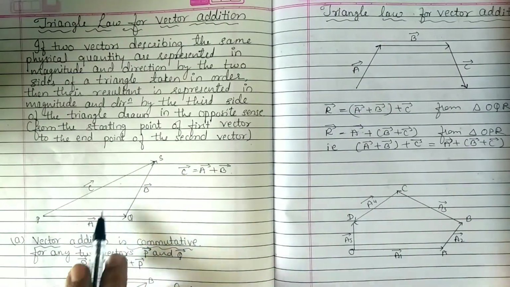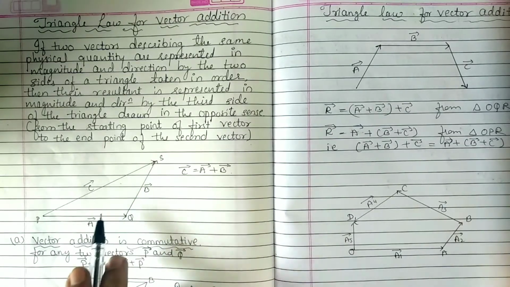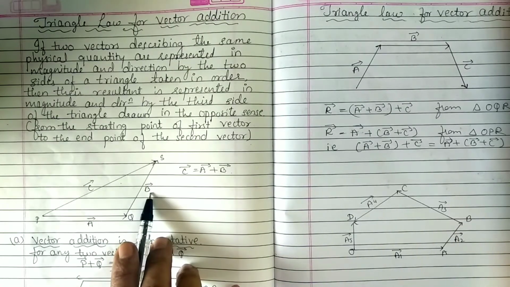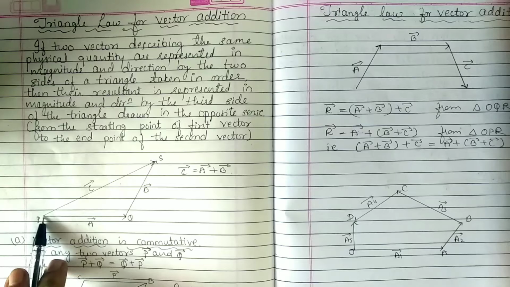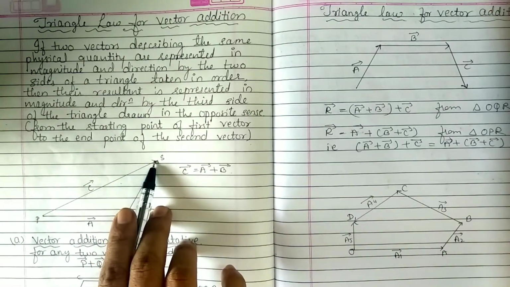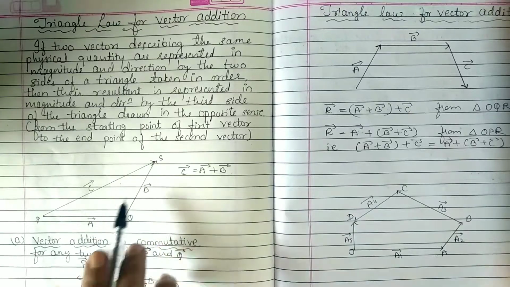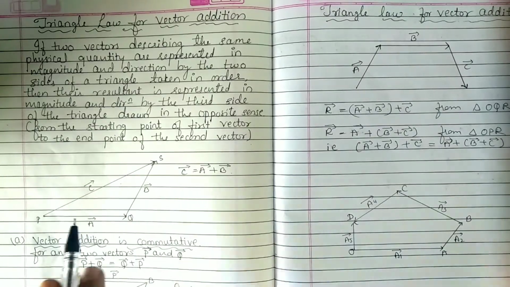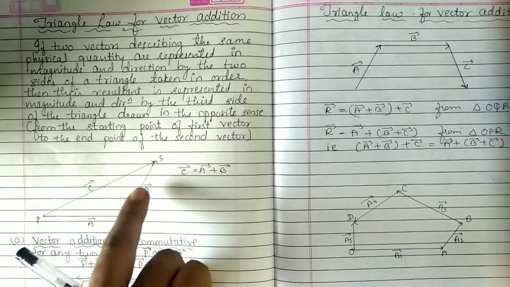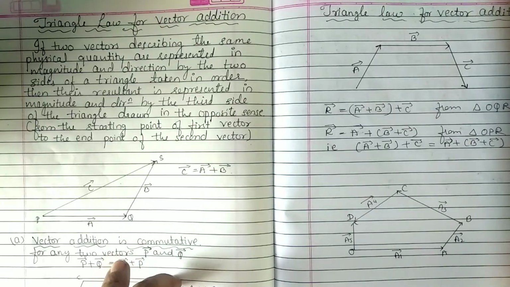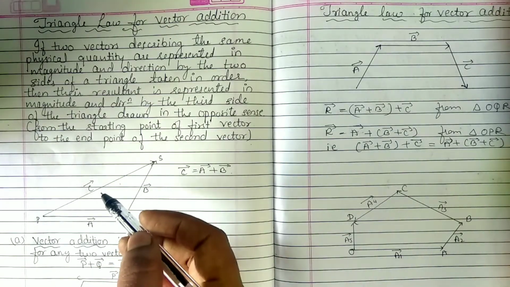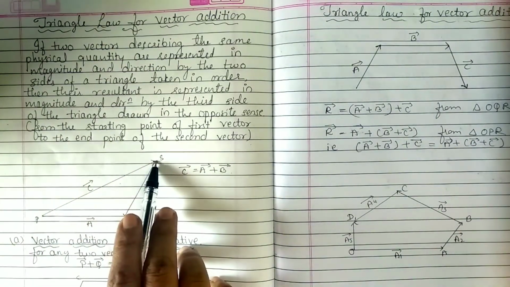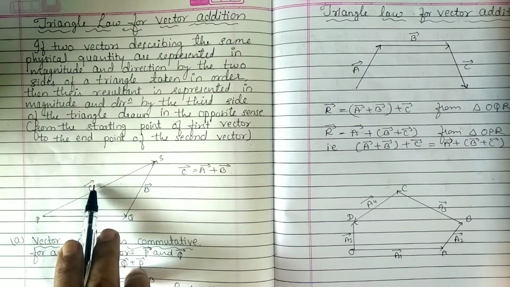So when two vectors of the same physical quantity are represented in magnitude and direction by the two sides of a triangle taken in order, taken in order means what I said, P to Q and Q to S, then the resultant, the addition of these two vectors, is also represented in magnitude and direction, by the third side of the same triangle, PS, drawn in an opposite sense.